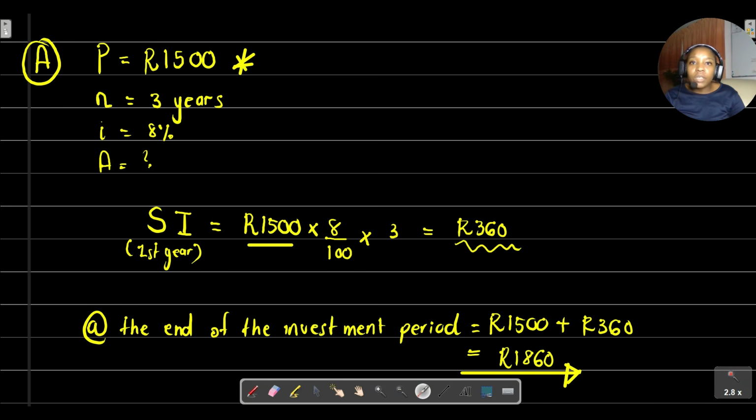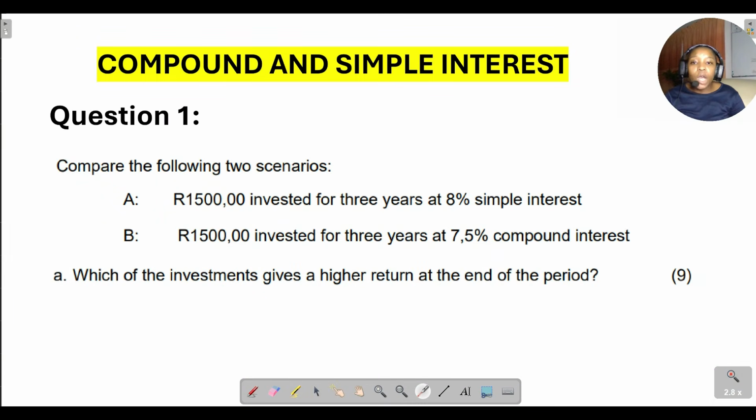But what about compound interest? Let's see here. Now we invested 1,500 for 3 years at an interest rate of 7.5% per annum. Please take note of that. So what do we need to do here?